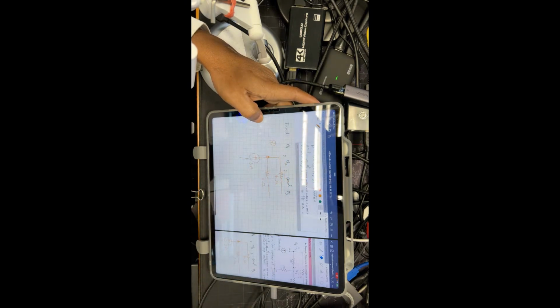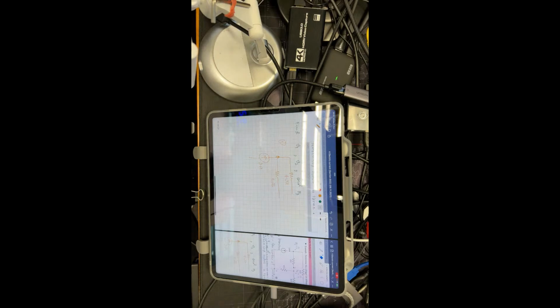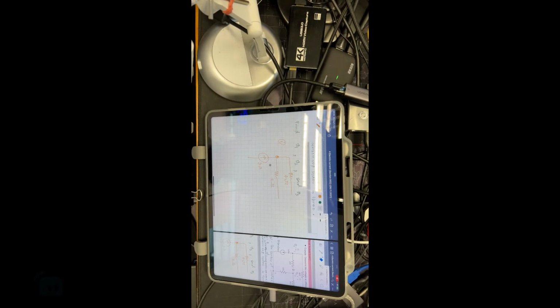And we're gonna need KCL for this one. Would you please help me assign the current direction and the current names to all these 3 branches that are connected to the node number 1.